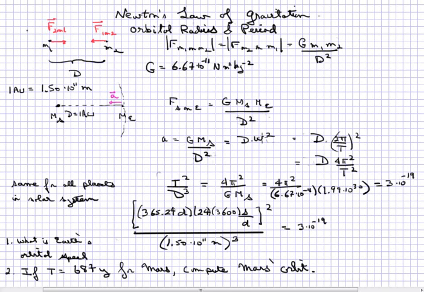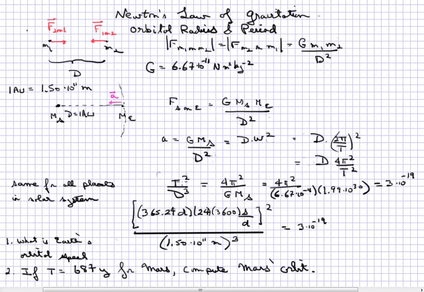We can express omega in terms of period by realizing that omega is equal to 2 pi over T. I've made that connection here, done some simplification, and then from here to here I've done some algebra, and so I've gotten all the variables over on the left-hand side of the equal sign.